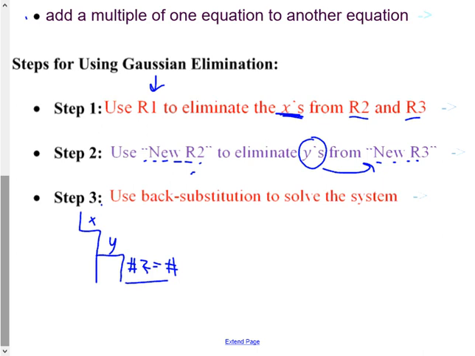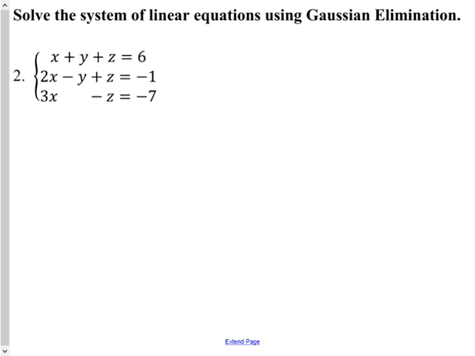Here's how that looks in action. x plus y plus z is 6. 2x minus y plus z is minus 1. 3x minus z is minus 7. I want to use the top equation to eliminate the 2x in the second equation and the 3x in the third equation. One at a time, I need to multiply the top equation by a number that will leave me with the opposite of 2x.